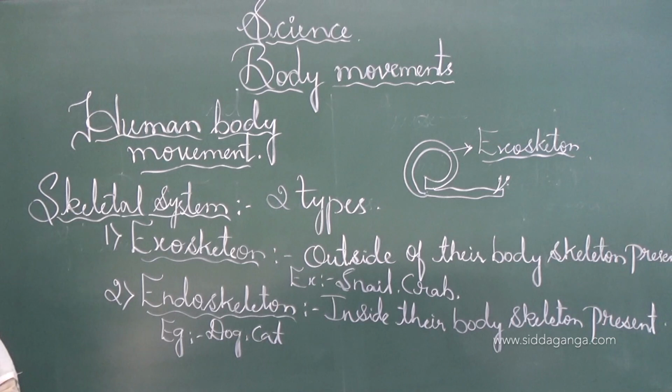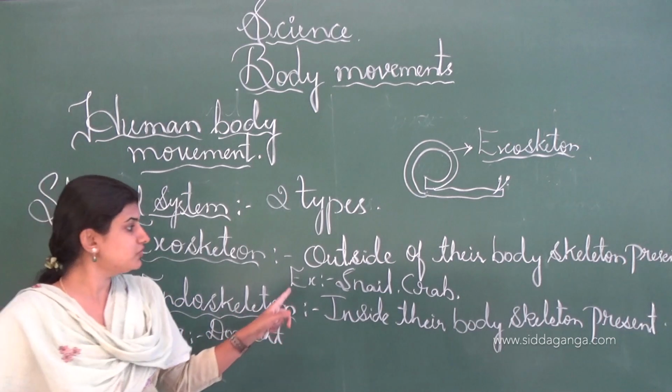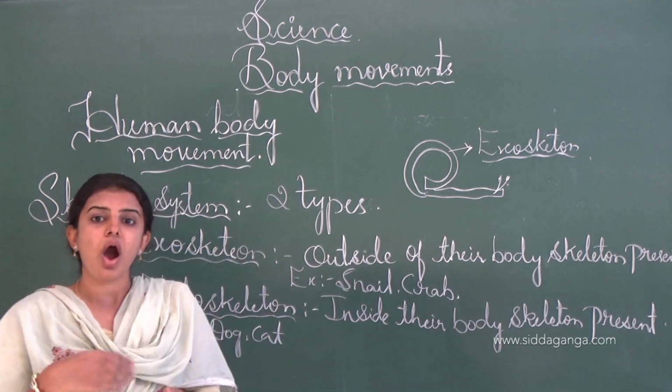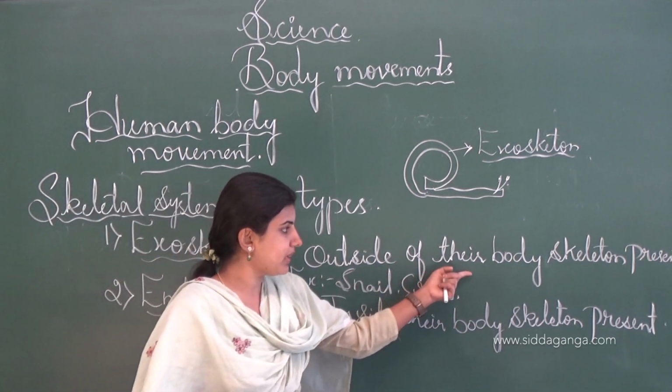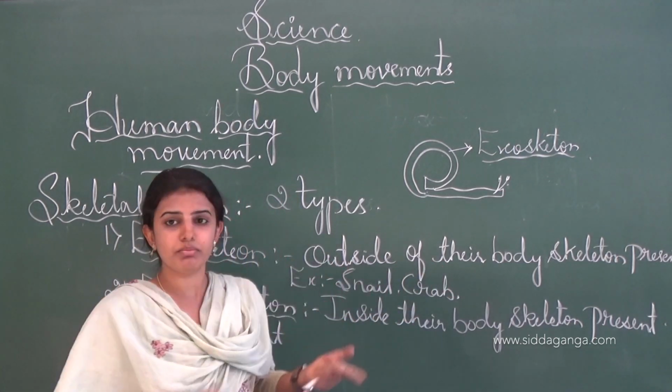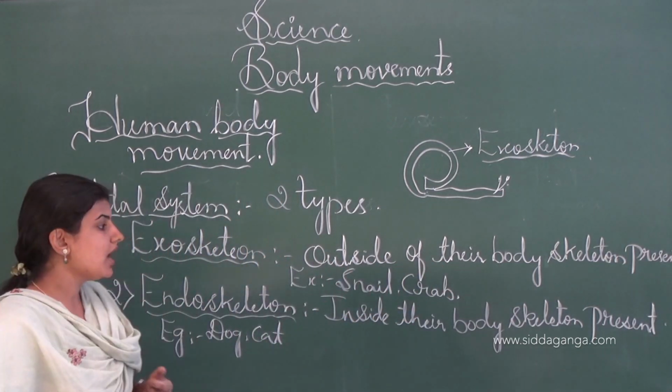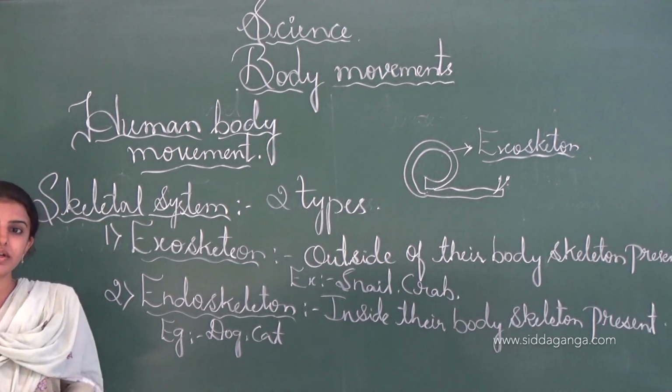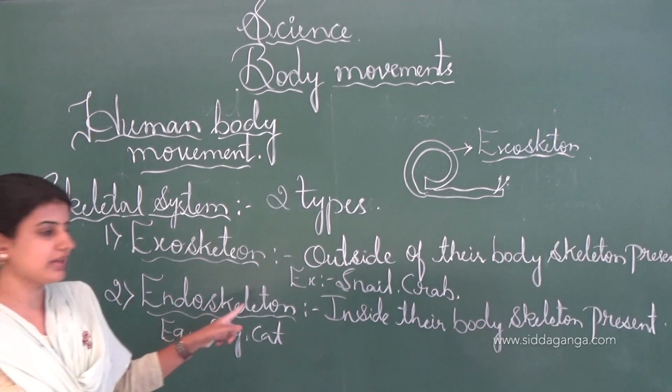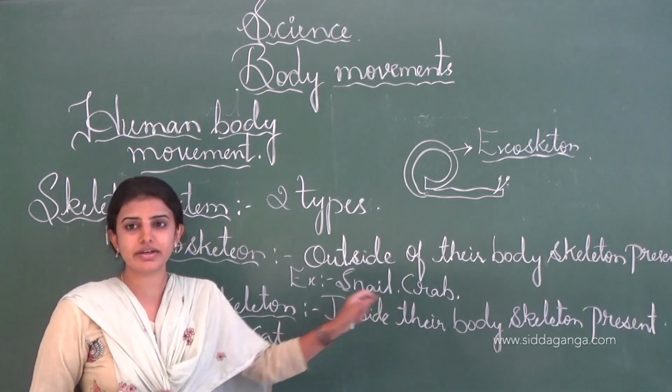Once again I will tell you, skeletons are of two types: the exoskeleton and the endoskeleton. The name indicates that exoskeleton organisms have the skeletal system outside their body, and such organisms are called exoskeleton organisms. Examples are the snail and the crab.